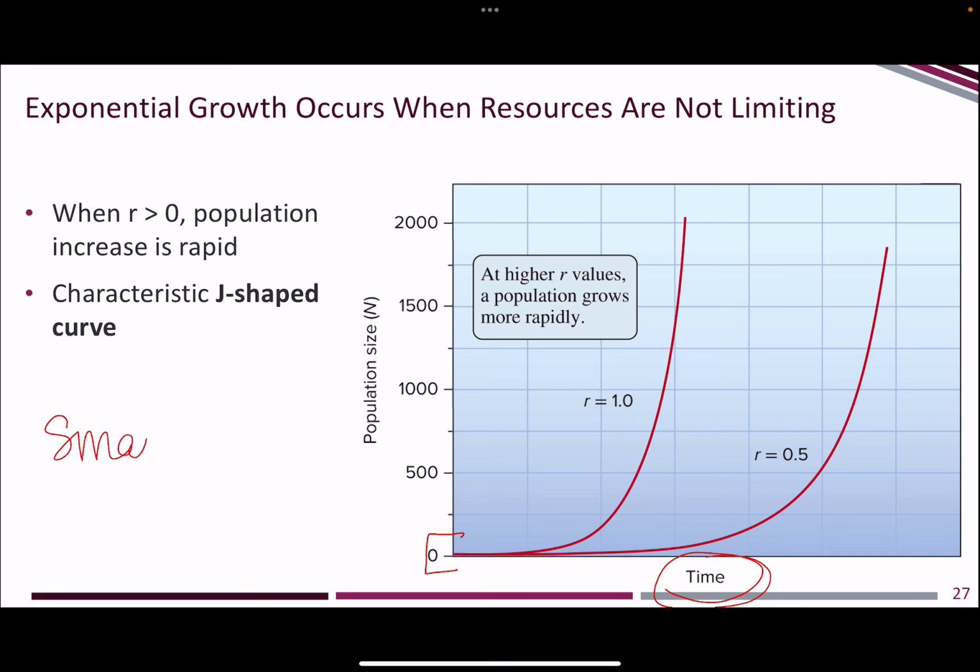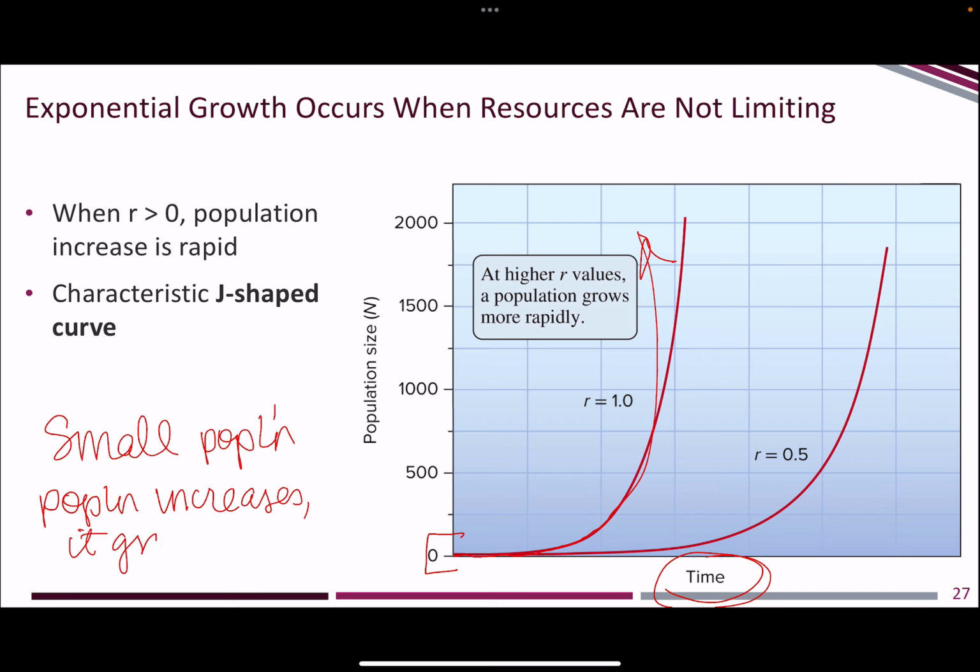We start with a small number, and for a little while that population grows kind of slowly, and then we hit a point where, bam, all of a sudden it goes up really, really quickly. As our population increases, it grows more quickly.